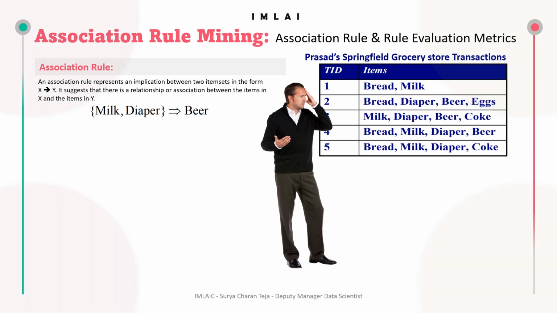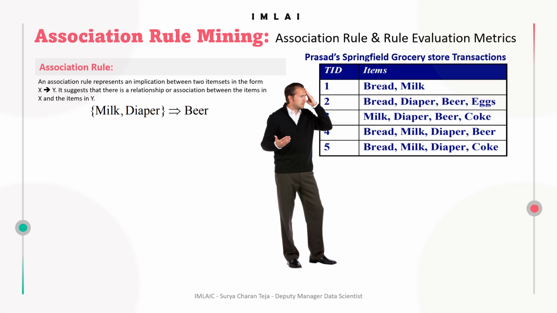Now, for example, consider the following association rule that you can see on the screen, which can be read as: buying the item set of milk and a diaper tends to buying of beer.